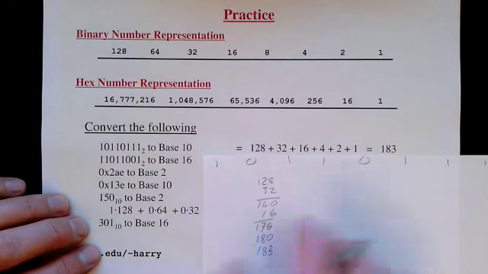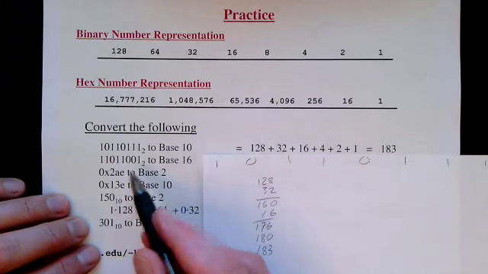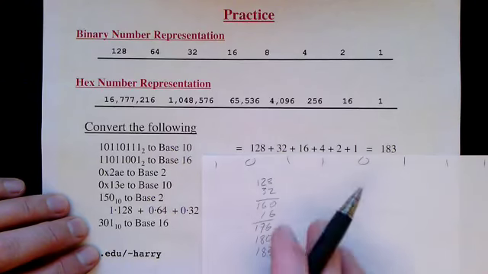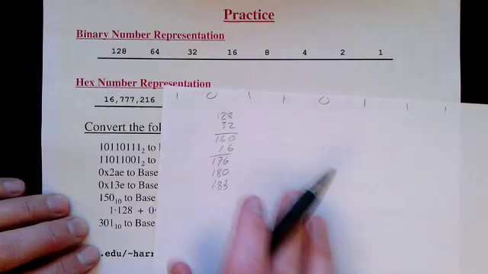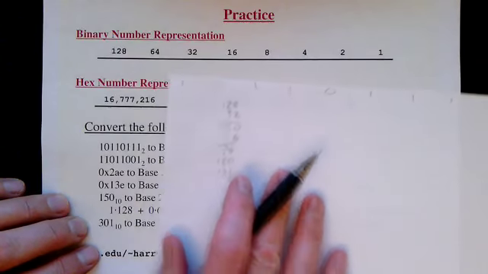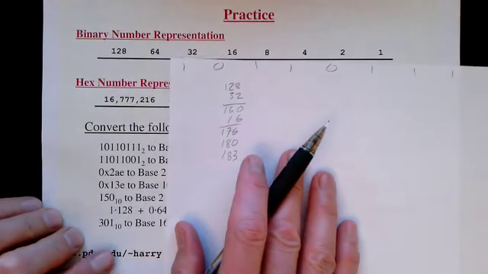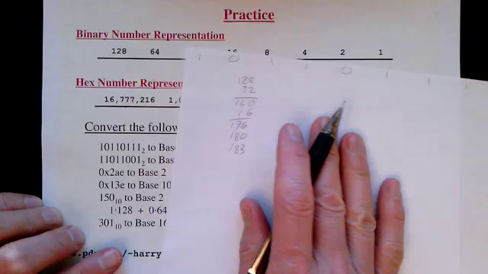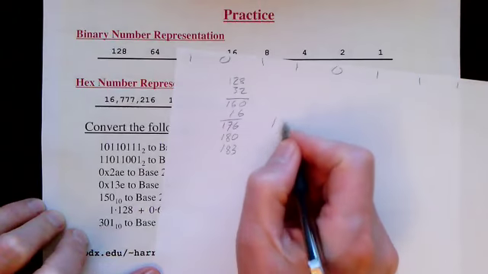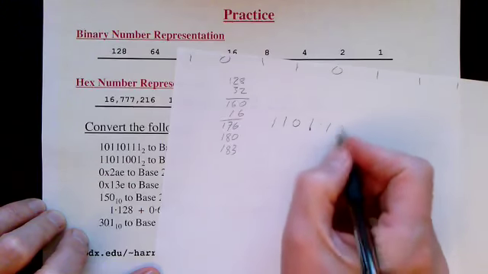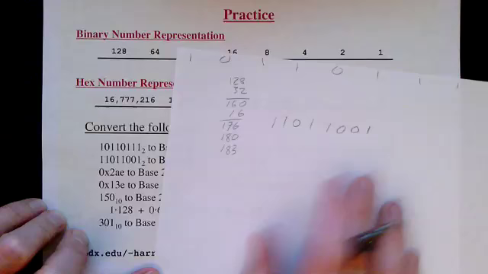Okay, our next task is to convert this to base 16. Now, I haven't really talked about it yet, but there's a very convenient way to convert numbers from binary to base 16. And our number is 1, 1, 0, 1, 1, 0, 0, 1.